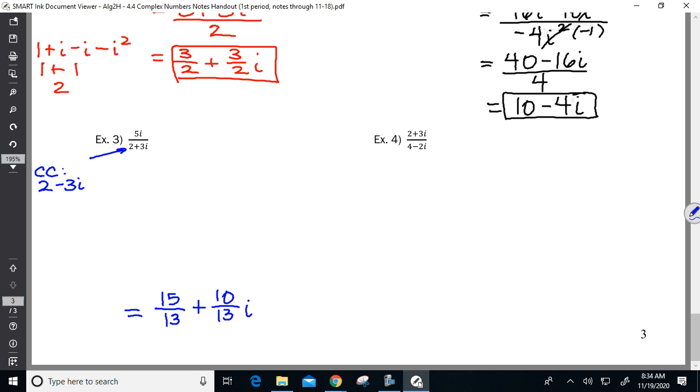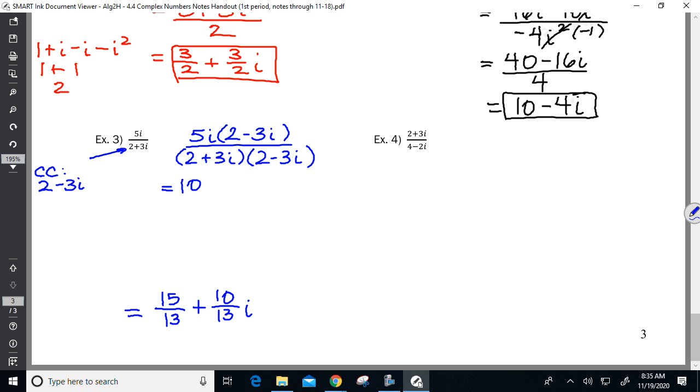And that's what you would multiply the top and the bottom by. Then we go to simplify the expression.